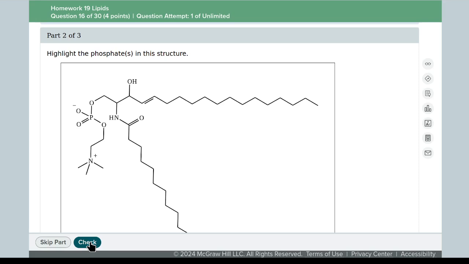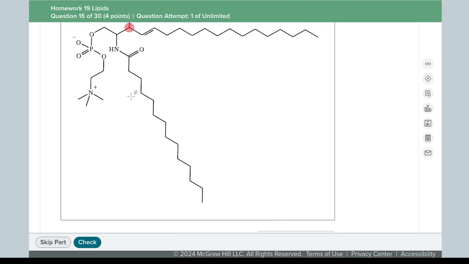Highlight the phosphate in this structure. So you might be asked to highlight different groups. And I will highlight the phosphate, but I'm going to do it last. If I were highlighting a hydroxyl group, I might have to highlight this whole thing. Let's reset it.